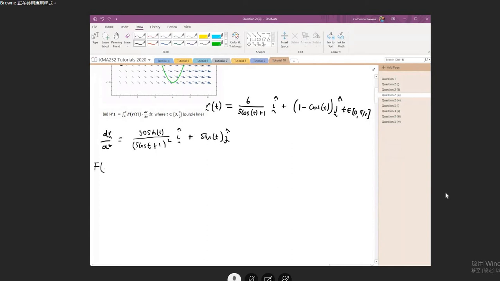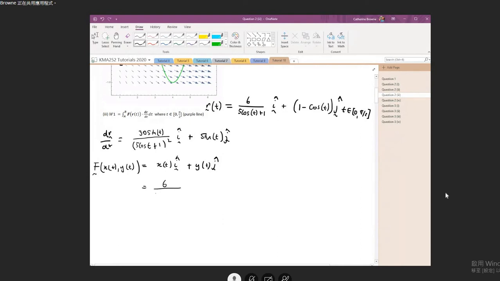And then my f of x(t), y(t) is going to be equal to x(t) I plus y(t) j.